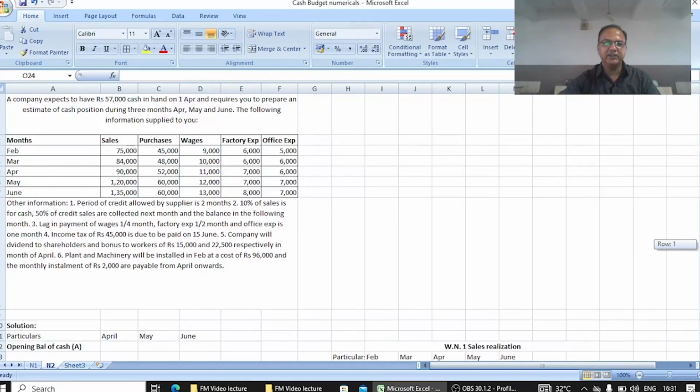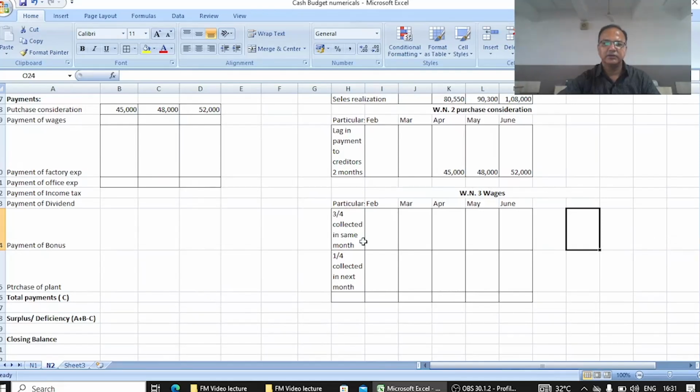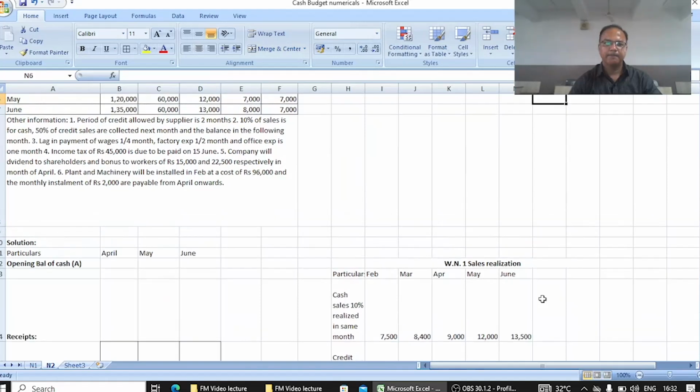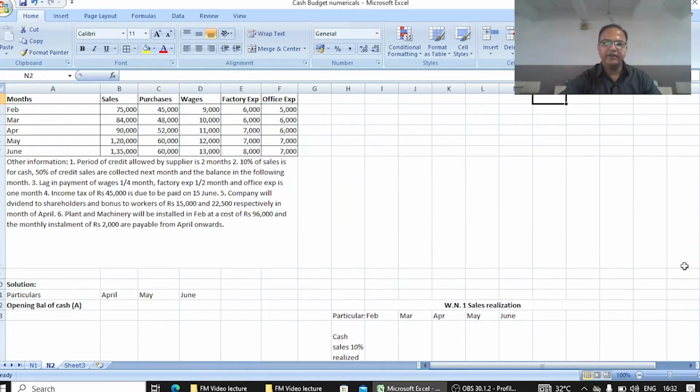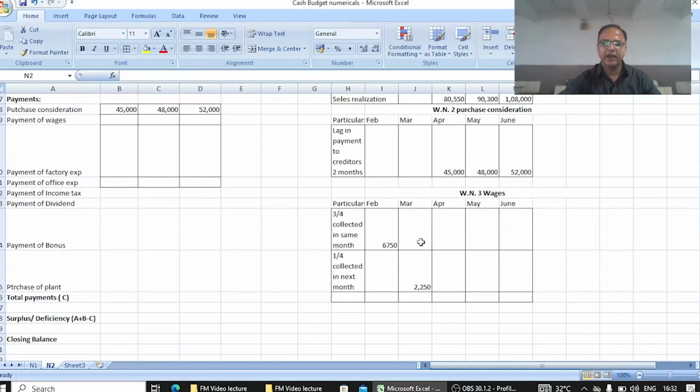So first 9,000 means 3 by 4, 6,750 here and 2,250 here. 10, 11, 12. 10 means 7,500 and 2,500. 11, 8,250 and 2,750.